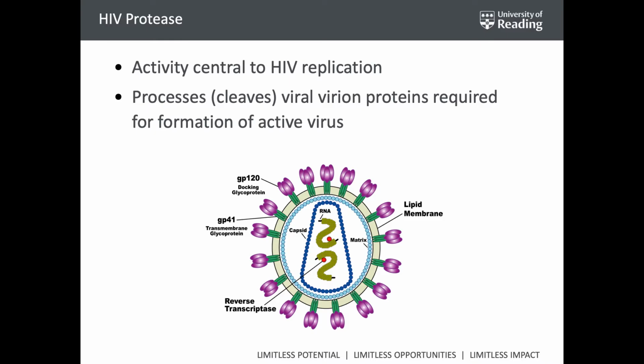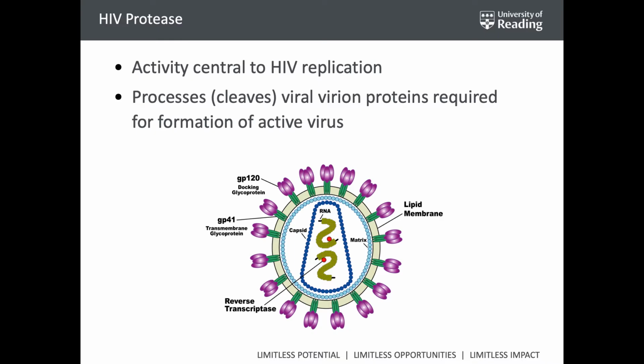Reverse transcriptase is one of these, but there's an additional HIV protease, a protease being a protein which cleaves other proteins, which is present within the genome of HIV, but is not present in the human genome. The HIV protease is central to HIV replication. If it isn't able to cleave the proteins that are produced from its own genome once it's integrated into the host cell, it cannot replicate and cannot produce additional viral capsids.